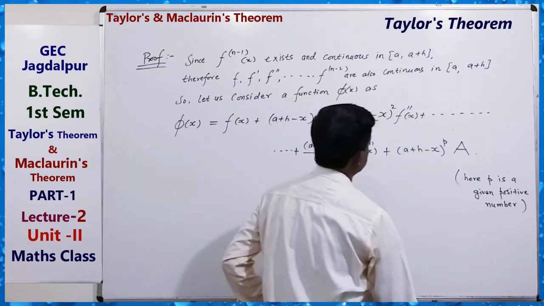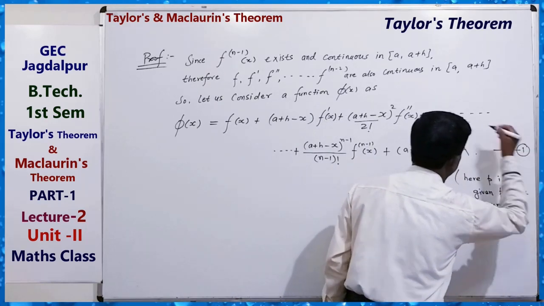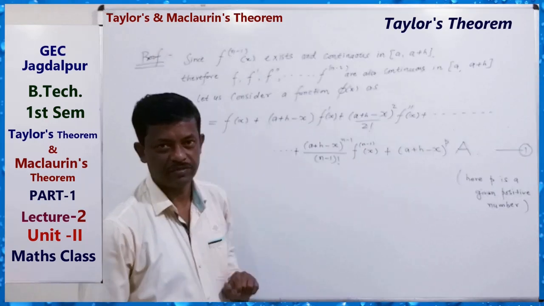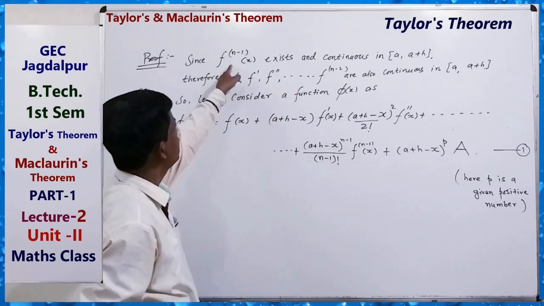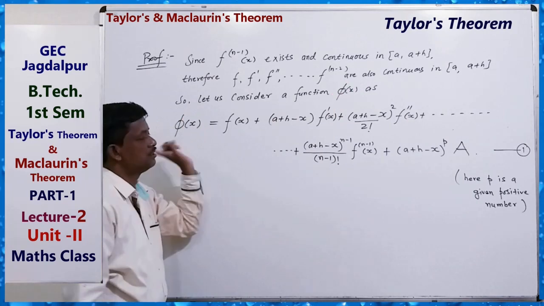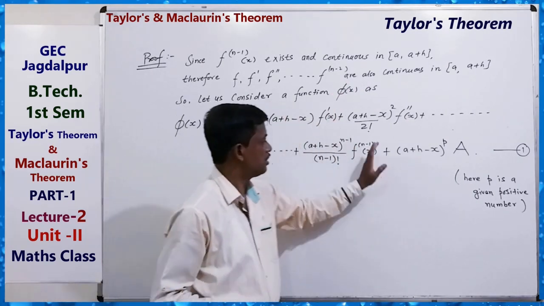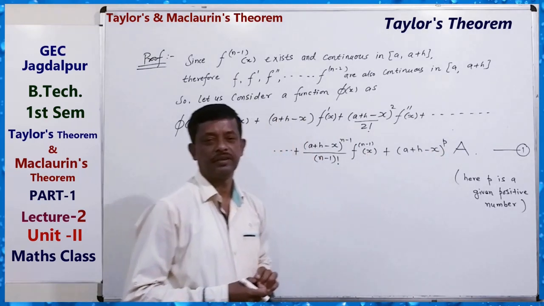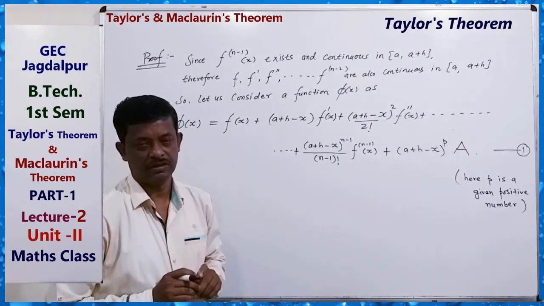Suppose this is equation 1. We have to prove Taylor's theorem. For that, this is given in the statement in this interval. So we consider this function up to here, from here to here we can combine, and the last term we take like this. This is our supposition.